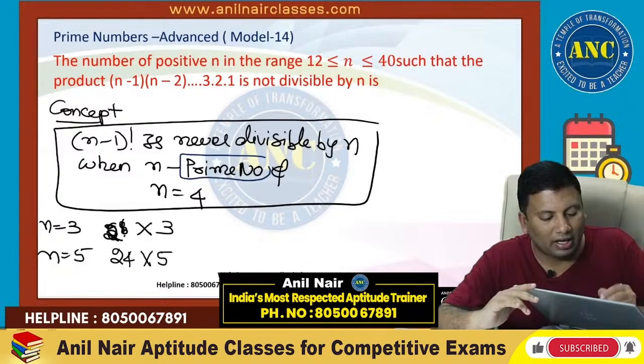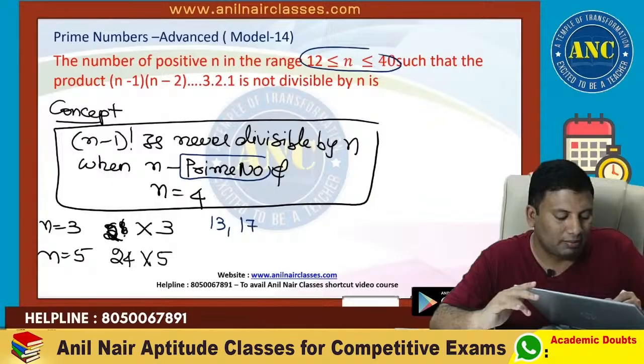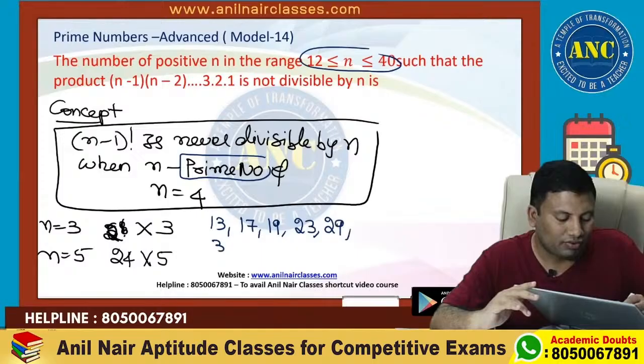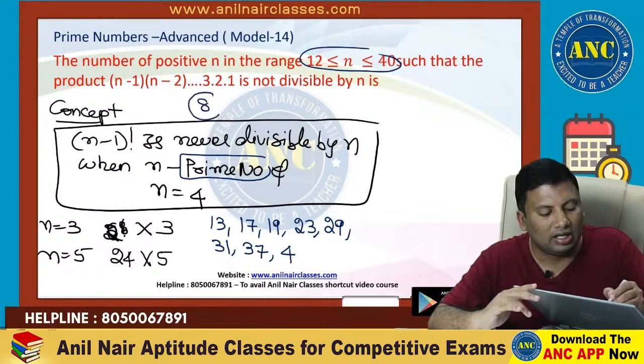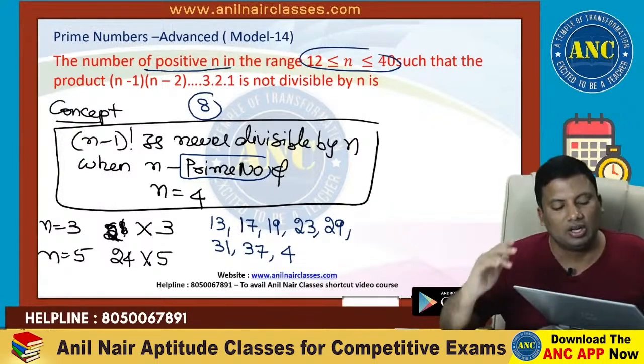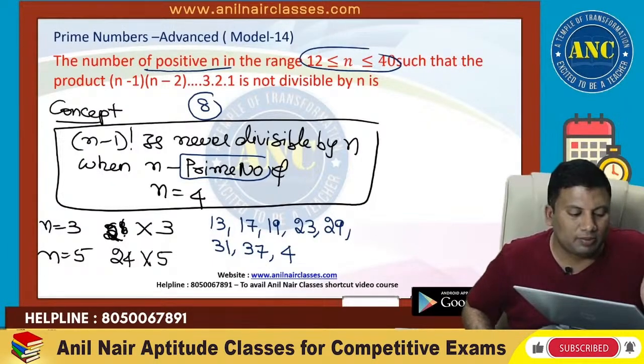What are all the prime numbers from 12 to 40 possible? 13 is a prime number, 17, 19, 23, 29, 31, 37 and n equivalent to 4. 1, 2, 3, 4, 5, 6, 7, 8. Total 8 values n can take such that n minus 1 factorial is never divisible by n.